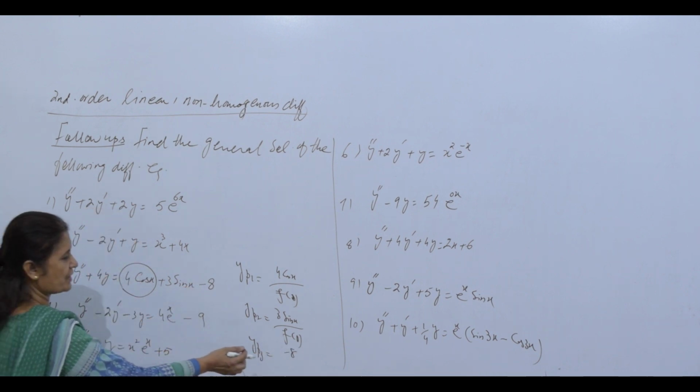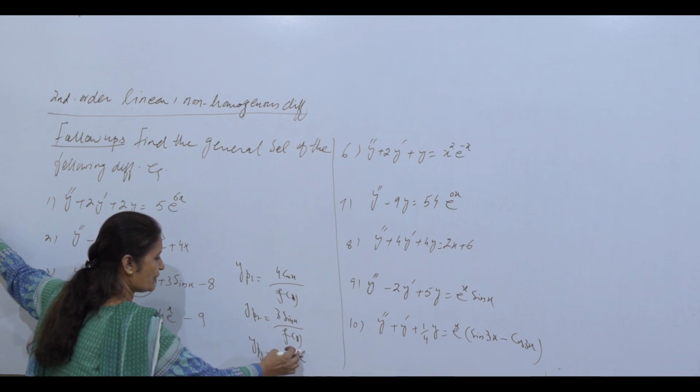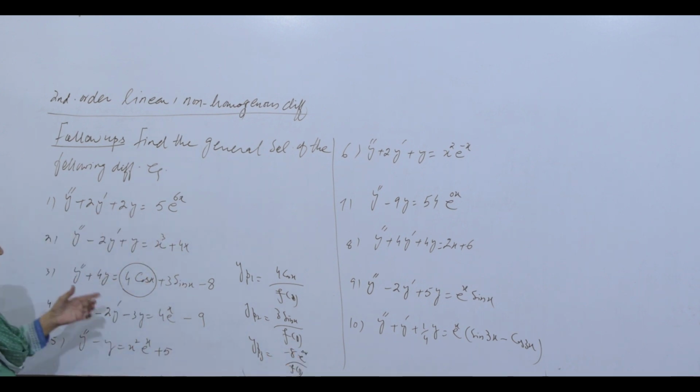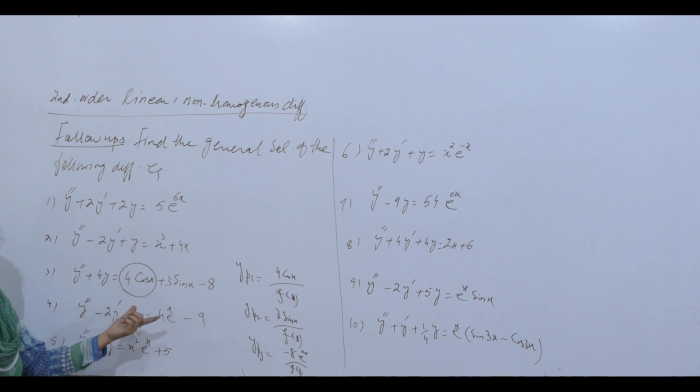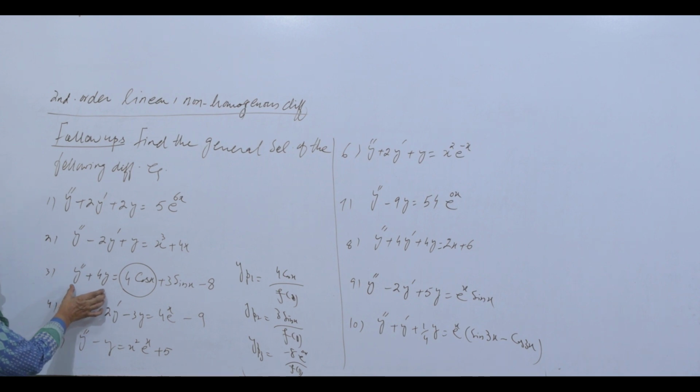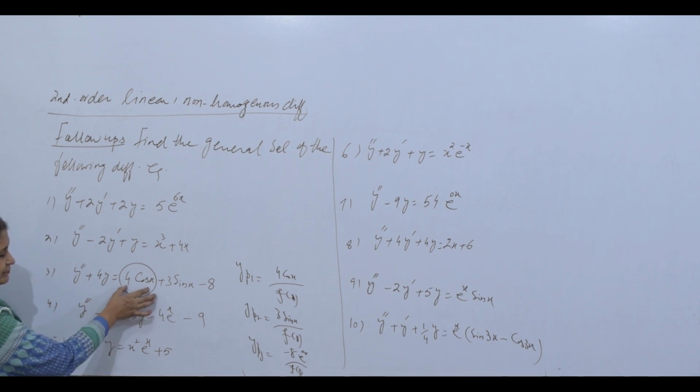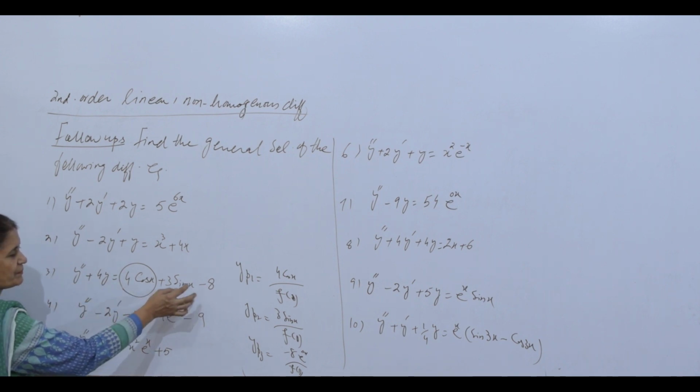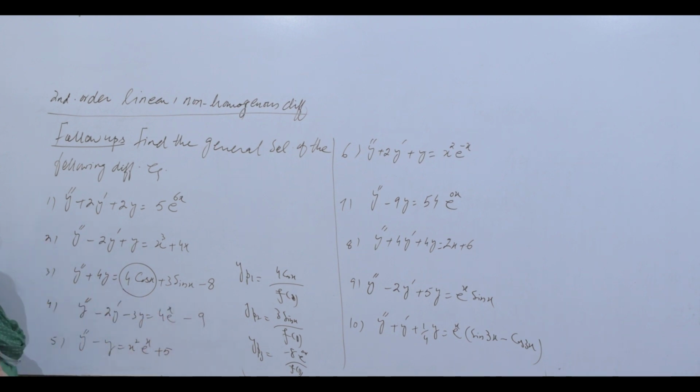Since it is a constant, you have e^0x with it and the polynomial in D. So looking at the function on the right hand side, you have to decide how many yp's you have to calculate. There is only one yc, then yp1, yp2, yp3. So if you are writing down the general solution, it is yc plus yp1 plus yp2 plus yp3.